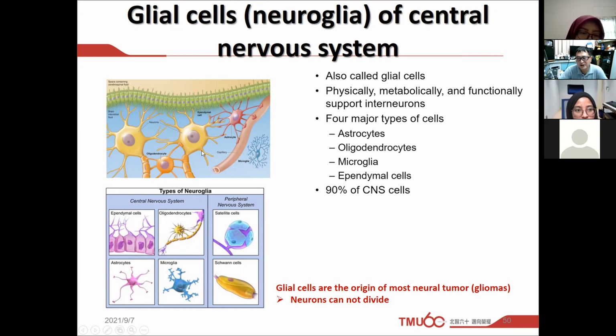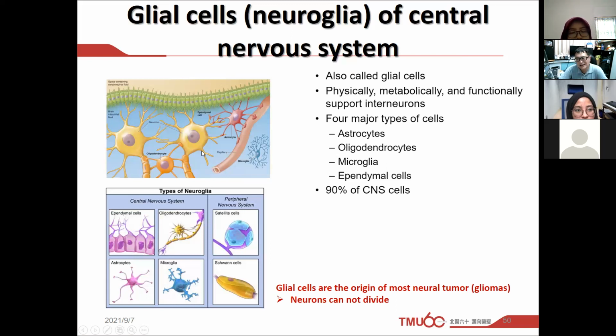We know neurons are difficult to divide or regenerate. It's very difficult. So most brain cancers derive from glia cells, or neuroglia cells. And there are four types of neuroglia cells in the CNS.